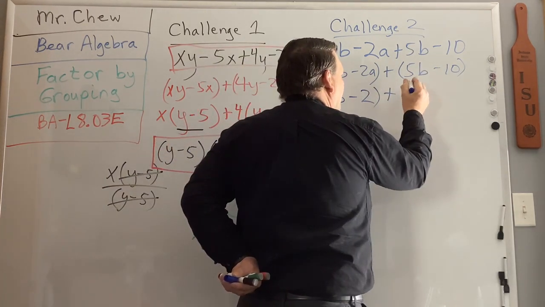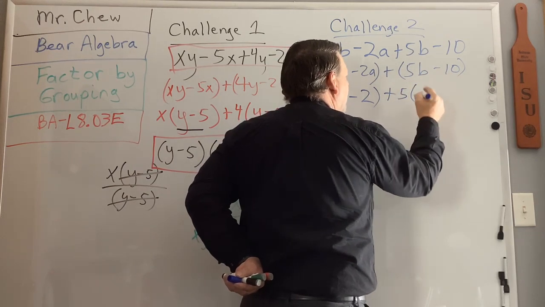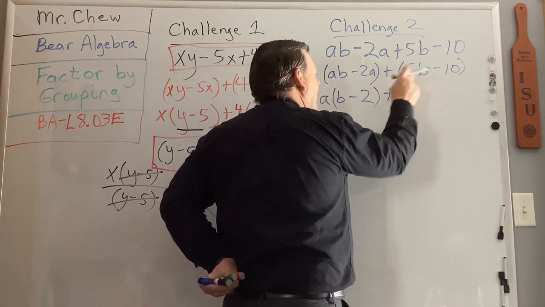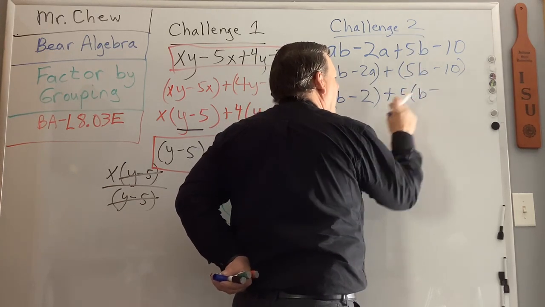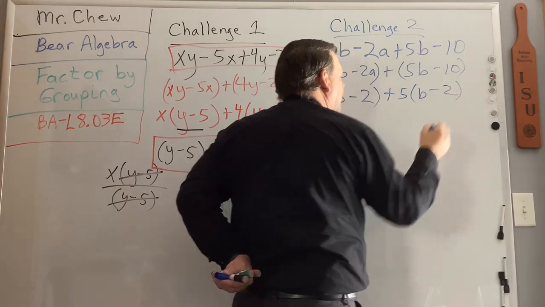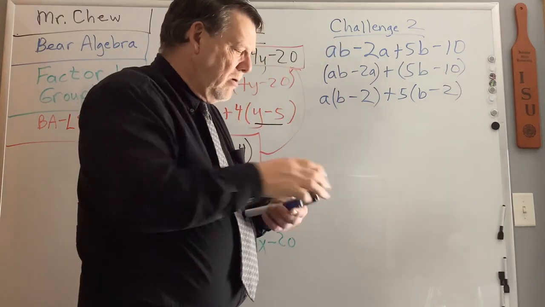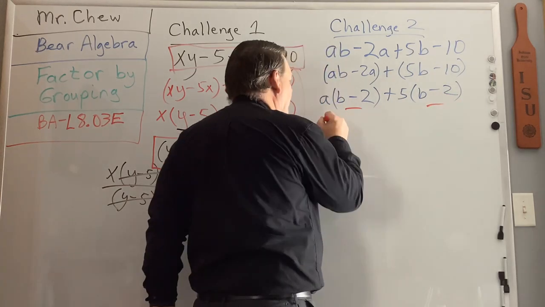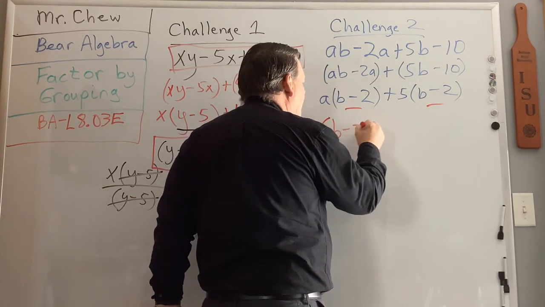Now I have a common factor of 5 here. I can divide them both by 5. 5 times what gives me 5B? Well, it's going to be B. And this better be a minus 2. 5 times minus 2 is minus 10. Well, this is what I say. Boom, I got the same thing right there. So I factor that out.